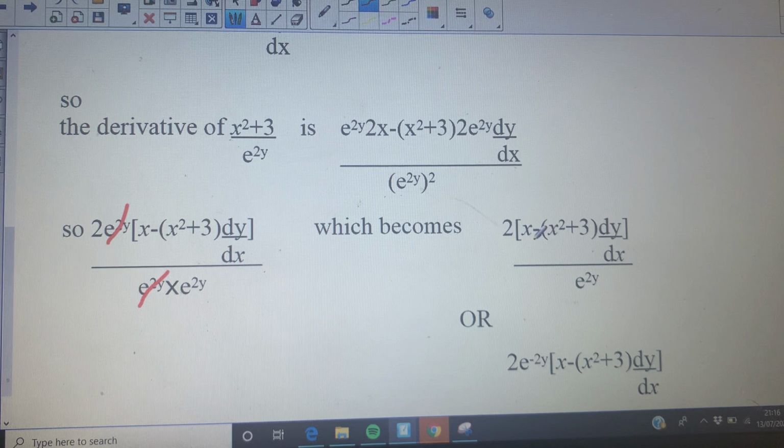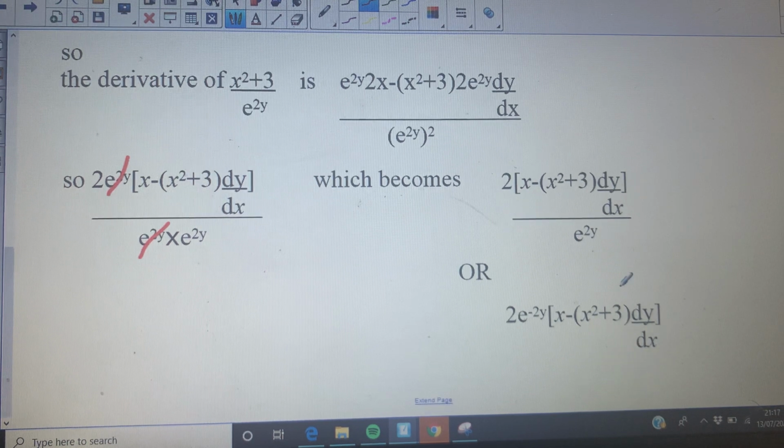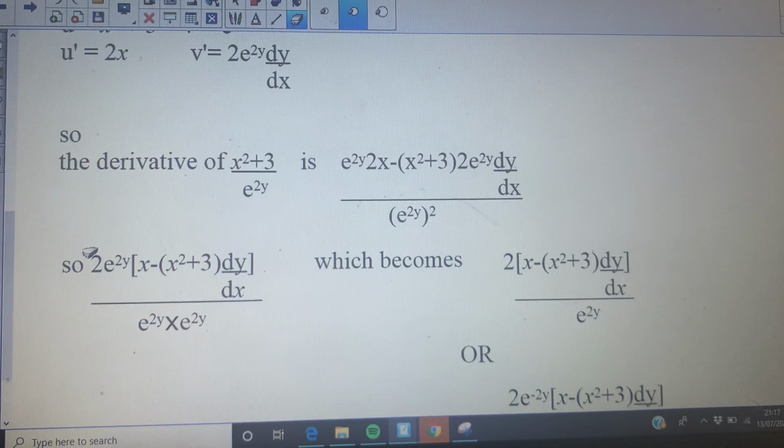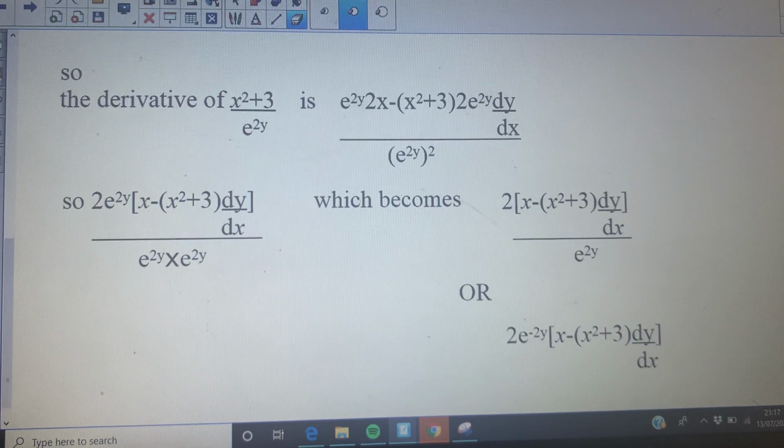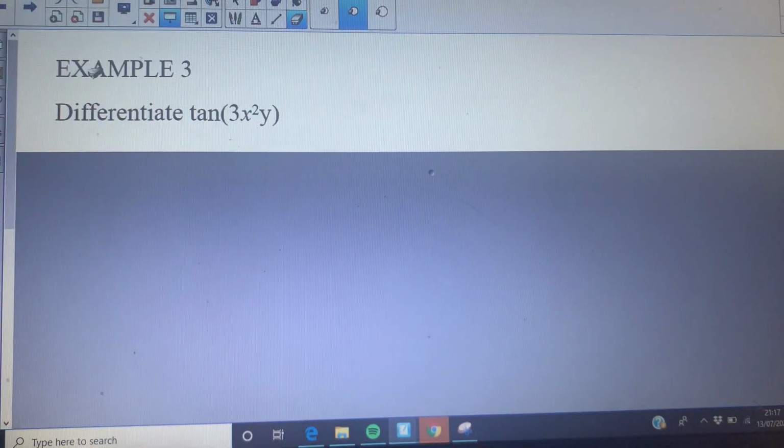I could. It would be 2 bracket x minus x squared times dy dx minus 3 times dy dx. I could also write it as a product, and I think I would have probably got this answer had I used the product rule. So that's quite a hard question that you've done there. So look carefully at it.